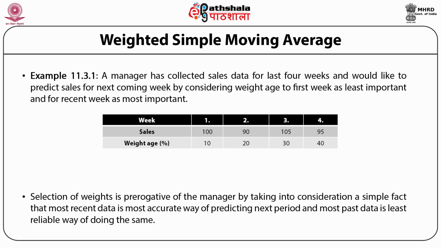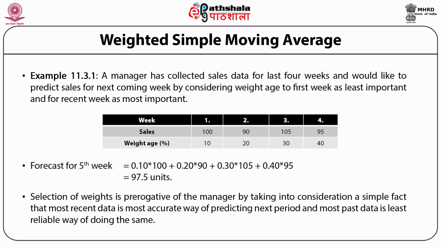Week 1 weightage is 10%, week 2 weightage is 20%, for weeks 3 and 4 it is 30% and 40% respectively. As the data indicates, the most recent week, that is week 4, has been given the most importance, that is 40%, and the oldest week, that is week 1, has been assigned the least weightage of 10%. The forecasting for 5th week is done in the following way.